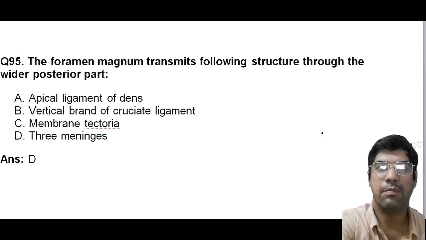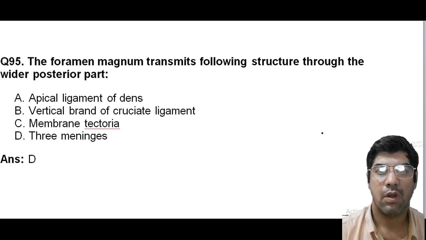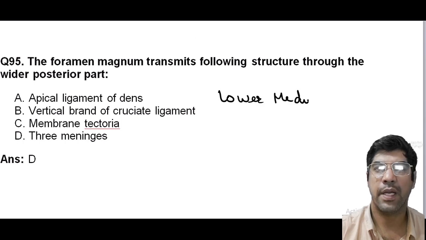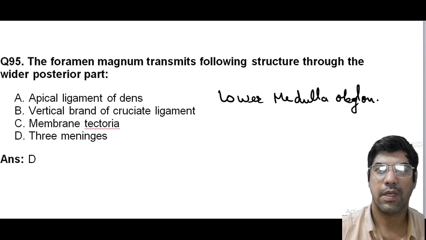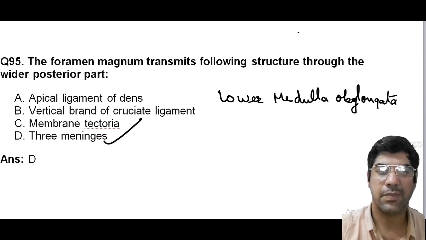The foramen magnum transmits which of the following structures through the wider posterior region? Through the wider posterior region, the structures passing are the lower part of the medulla oblongata and three meninges.